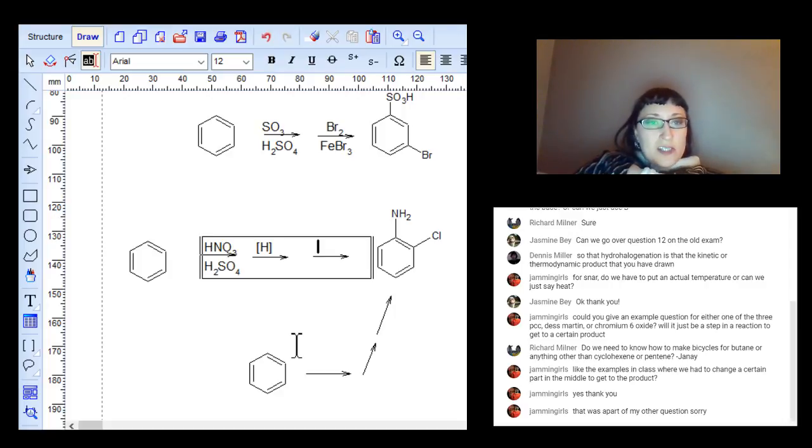And then the last step would be to chlorinate. If you had an amine there, you could chlorinate, and you would expect to get some ortho and para product in that case. So that would give us the ortho that we're looking for. So Cl2 and FeCl3.